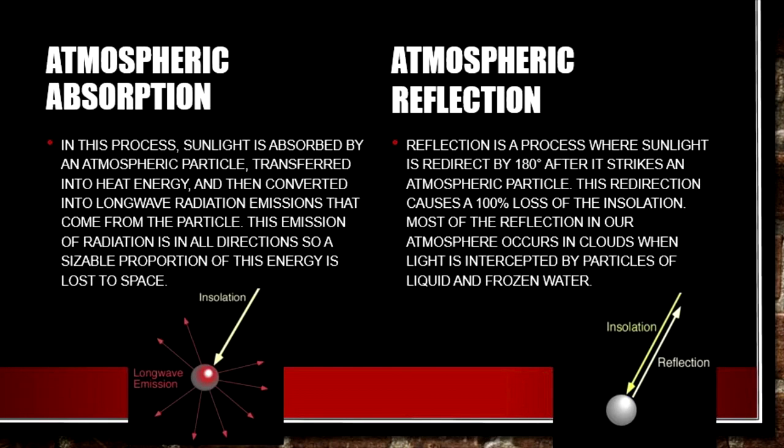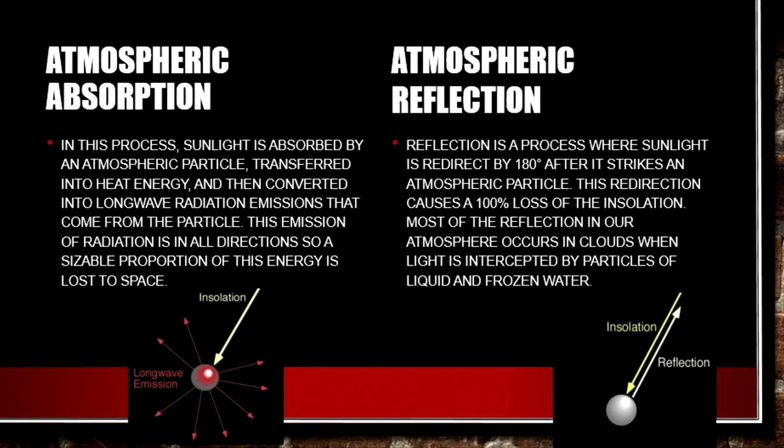In this process, sunlight is absorbed by an atmospheric particle, transferred into heat energy, and then converted into long-wave radiation emissions that come from the particle. This emission of radiation is in all directions, so a sizable proportion of this energy is lost to space.